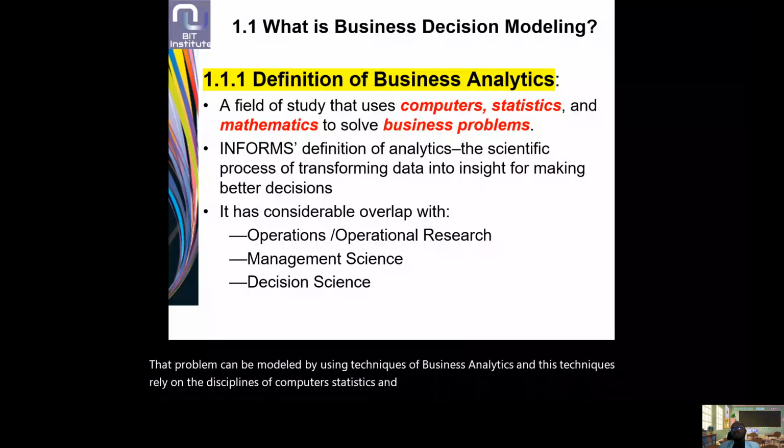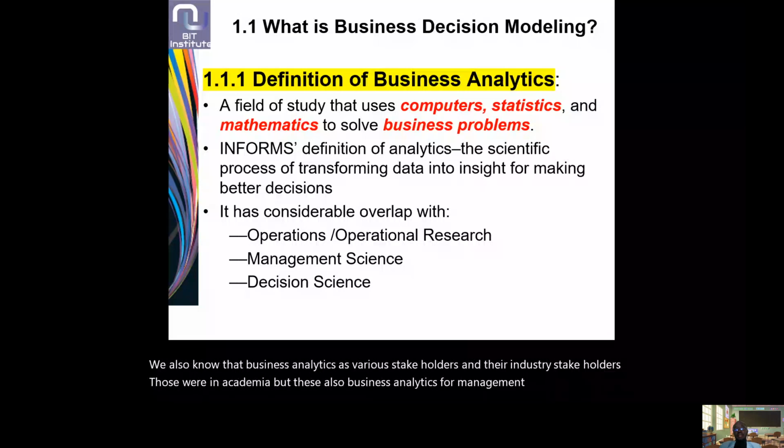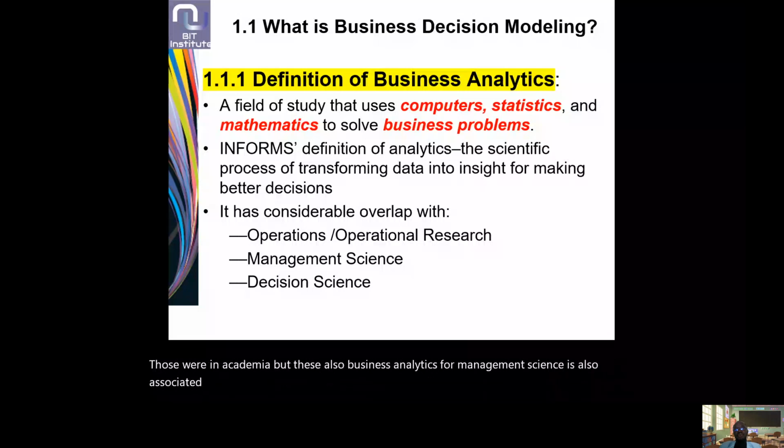Now, we also know that business analytics has various stakeholders. There are industry stakeholders, there are those in academia, but business analytics or management science is also associated with the Institute for Operations Research and Management Science, or INFORMS.